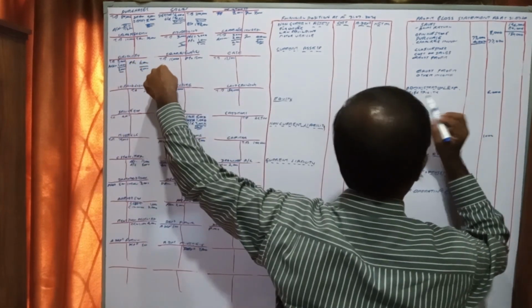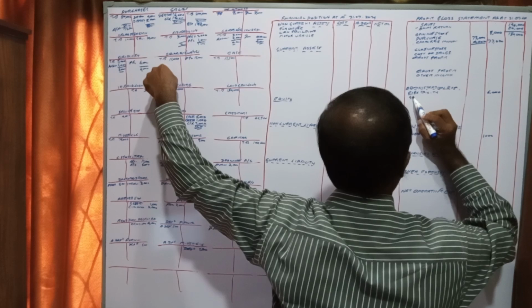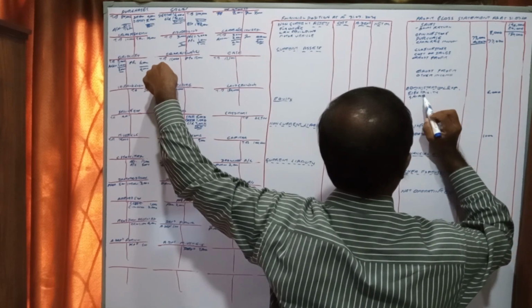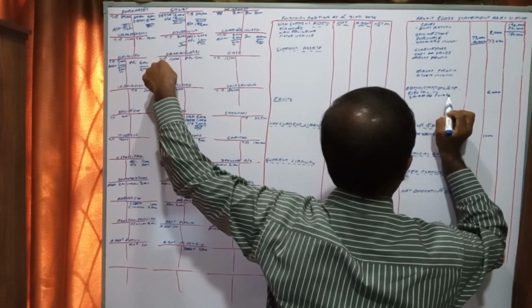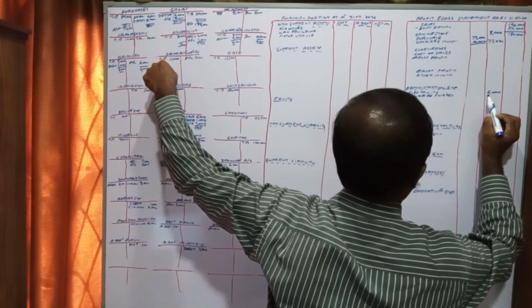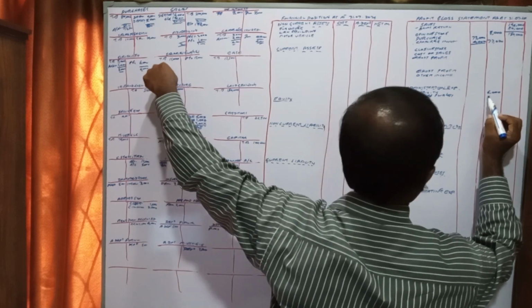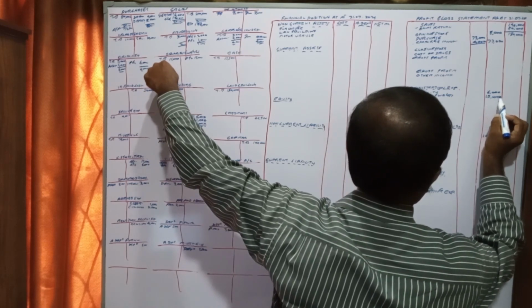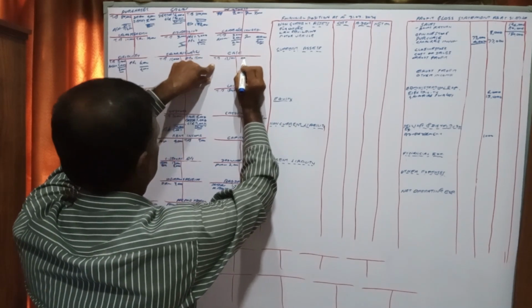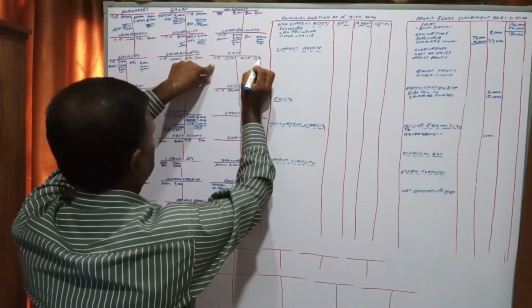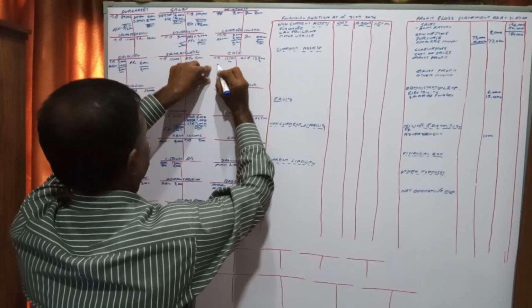Salaries and wages 15,000. And cash, that is carried down 13,500, brought forward 13,500.